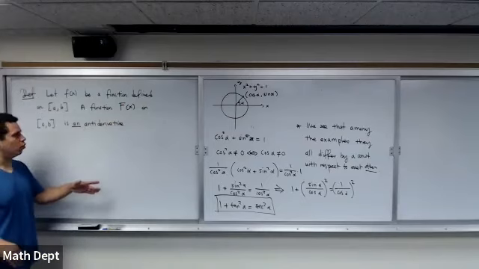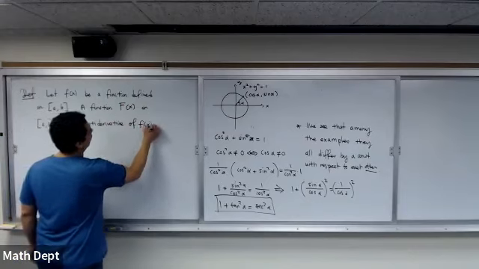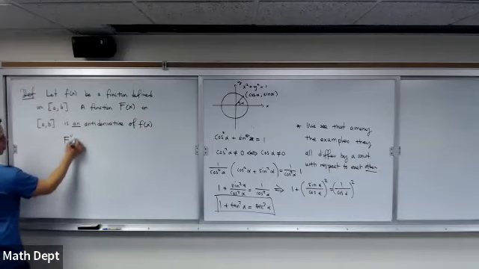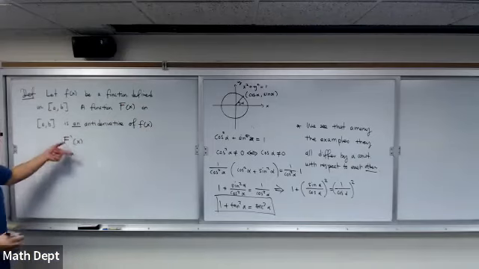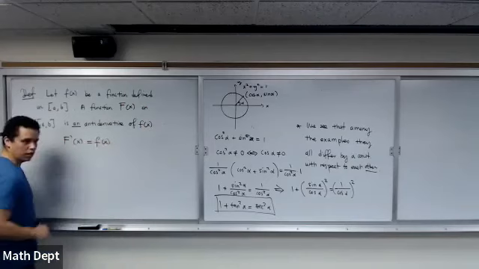There may be more than one antiderivative of little f of x, provided that the following occurs. When I take the derivative of capital F, it produces the little f.